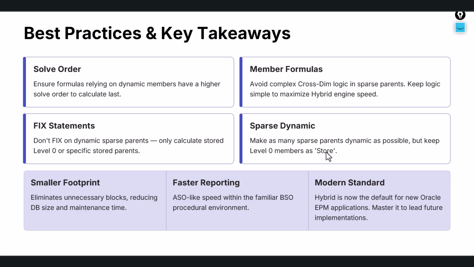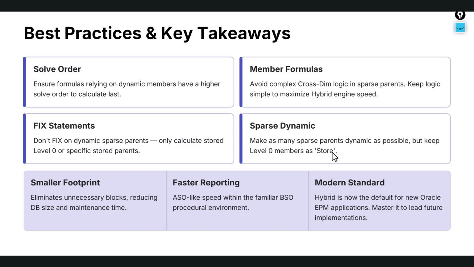Thank you for watching this session on hybrid BSO storage mode in Oracle Cloud EPM. Today we explored how hybrid BSO combines the best capabilities of traditional BSO and ASO, giving us the flexibility of procedural calculation along with high-speed dynamic aggregations.